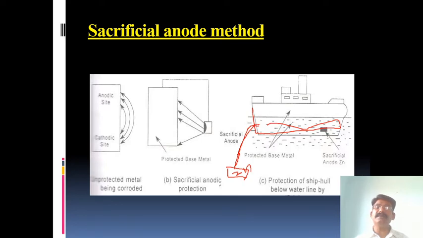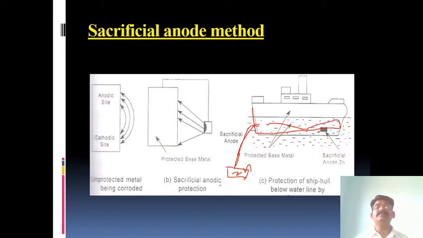The corrosion slowly transfers from the iron to the zinc, and the zinc slowly gets completely rusted. Many such sheets are connected to the hulls of ships to protect them below the water line, keeping them on the surface of the metallic base. This is the protection of ship hulls, the best example.